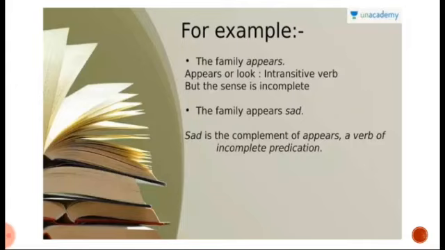In the second sentence, the family appears sad. Sad is an adjective. I told you an intransitive verb ends with an adjective. So sad is the complement of the verb appears. So appears is a verb of incomplete predication.